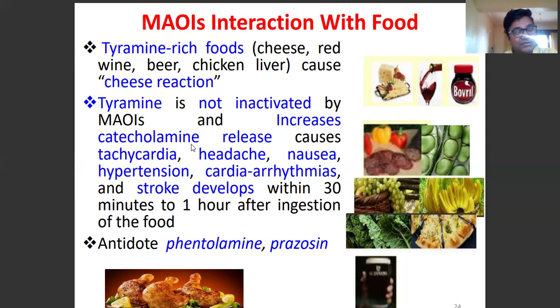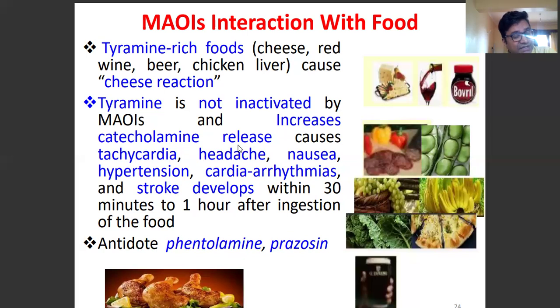They in turn produce catecholamines. What are those catecholamines? Adrenaline, noradrenaline, dopamine. And this causes tachycardia, headache, arrhythmias. If not treated, they may get a stroke after eating the food and may die within 30 minutes to 1 month.